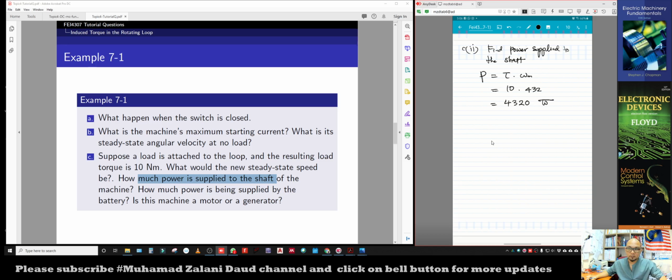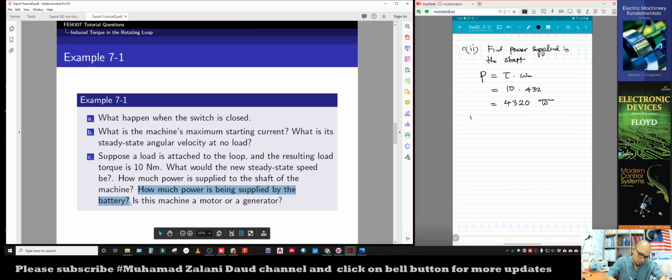And then, how much power is being supplied by the battery? Let's say this is C3. Let me rewrite the question: find power supplied by the battery.